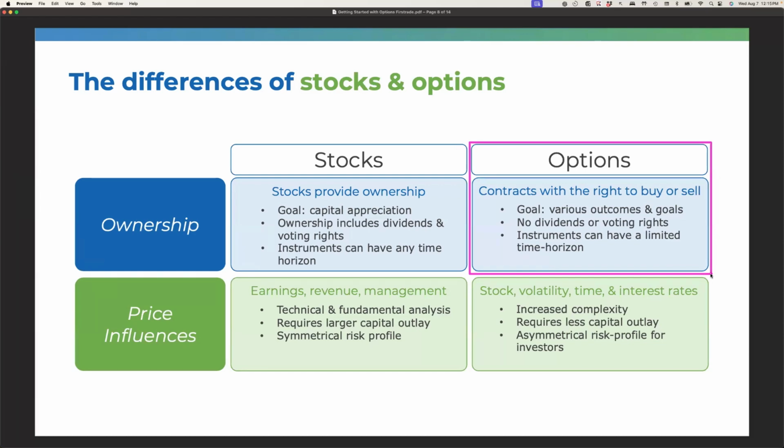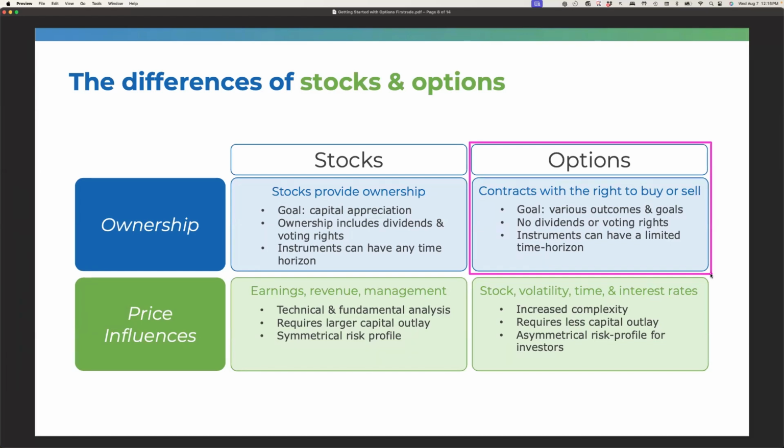But an option contract does not give you access to dividends or voting rights, and instruments have a limited time horizon. So from that perspective, it differs from stock ownership. However, keep in mind that the option is listed on an underlying stock.